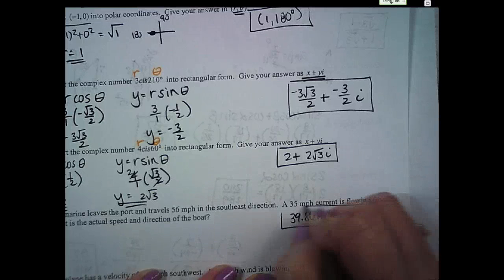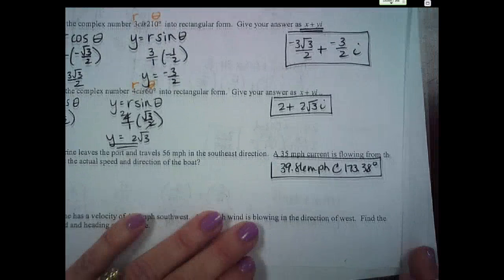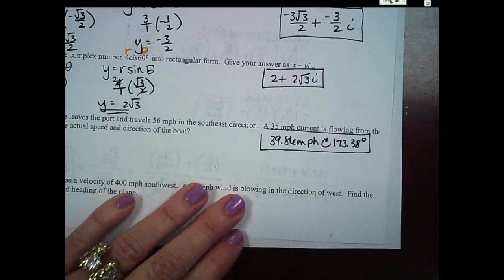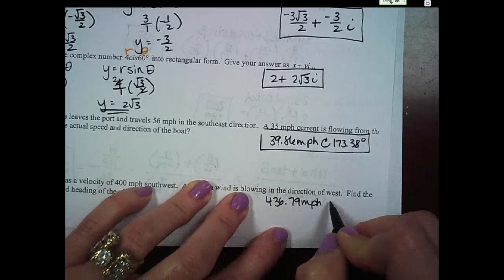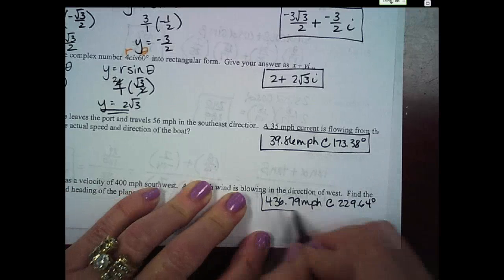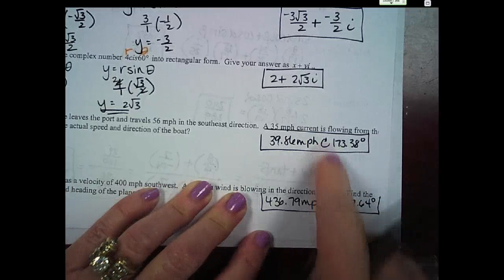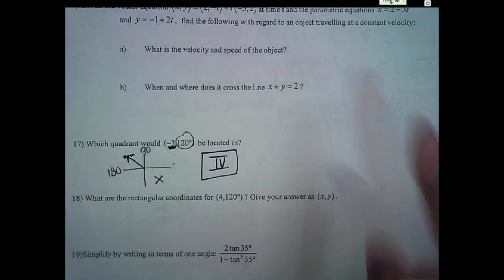That will tell you if you did the problem right or wrong. And for 15, it was 436.79 miles per hour at a heading of 229.64 degrees. Now guys, I expect your work shown if you want credit for those problems though. Okay, go to 16. We're already done with 16 too, right?